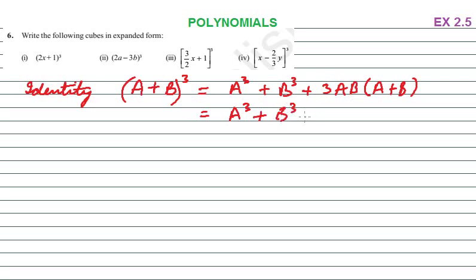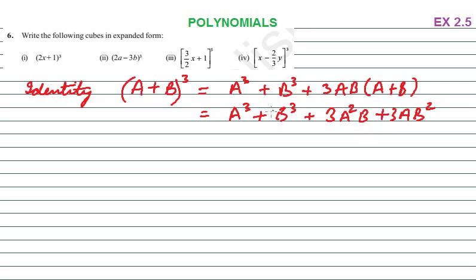A cube plus b cube plus 3ab into a is 3a square b, that is a into a square, b will remain as such. Now plus 3ab into b is 3ab square. Okay, so this 3ab gets distributed over a and b, that becomes 3a square b and 3ab square.